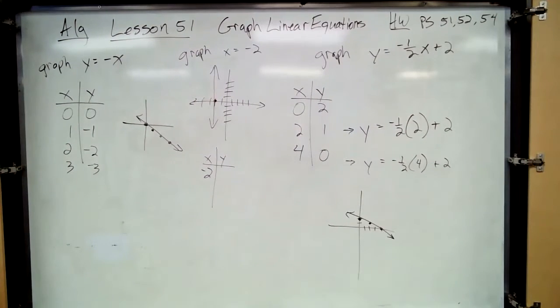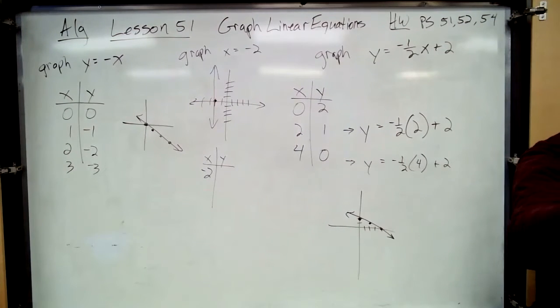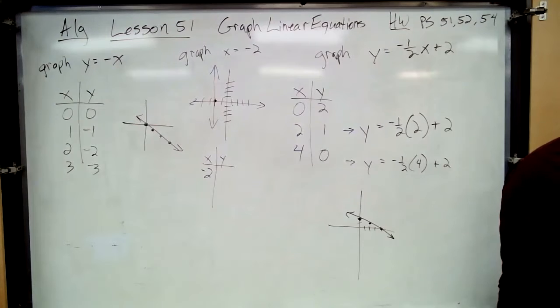But here's the deal. When you see x equals anything, it's just a vertical line, straight up and down. So when x equals 10, it's a vertical line where x is equal to 10, okay? So what if it was just y equals something? What about y equals 4? Yeah, it's just a horizontal line, right at y equals 4.